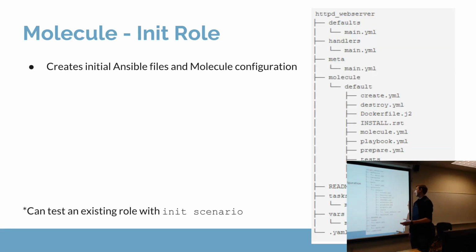And that creates all of your file structure for Ansible. And all of this is Ansible configuration, and then here's your Molecule configuration. And we'll talk about what each of these playbooks does. And you can also test your existing roles using a scenario rather than creating the whole role from scratch.